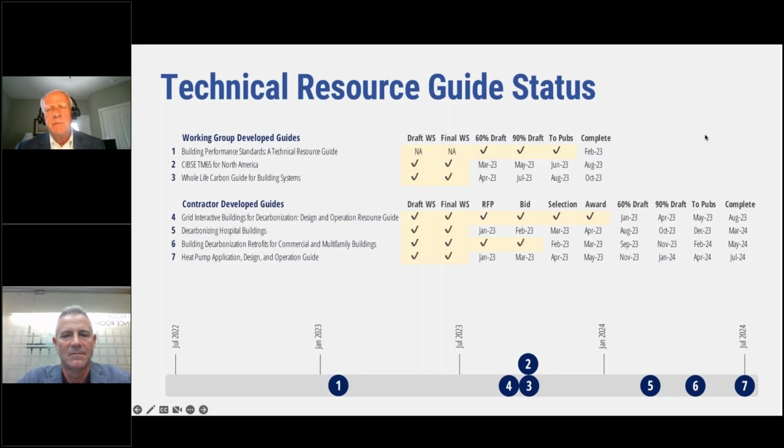So this is a deep dive into some of the resources that are available. I would suggest that you continue to look at the ASHRAE website, ashrae.org/decarb, to get more information on these as we move forward.